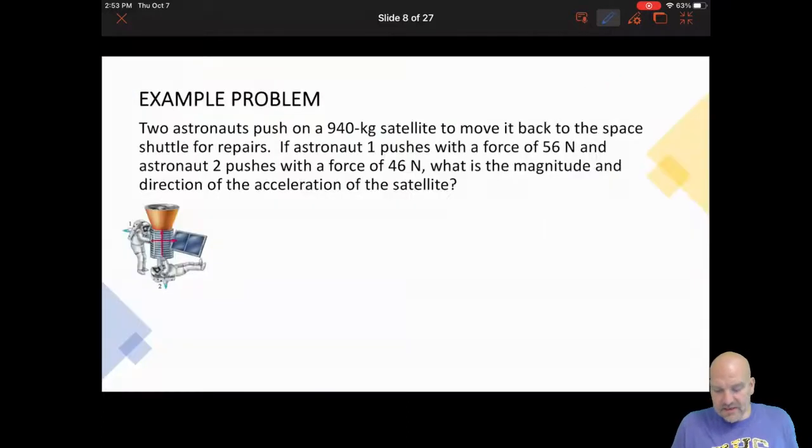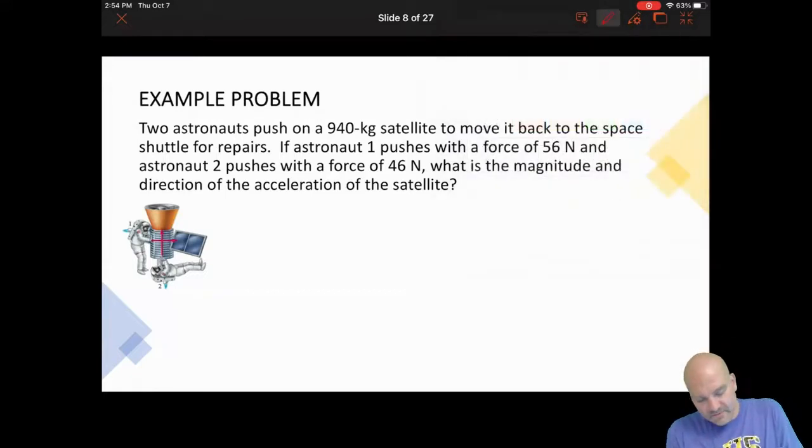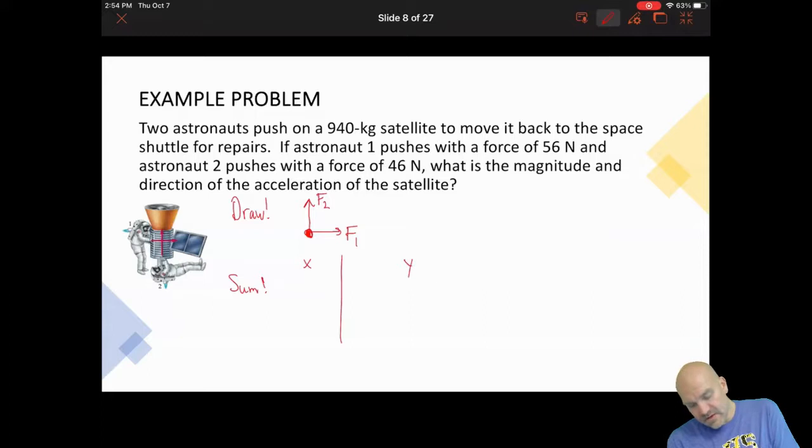Okay, so let's look at an example, now applying numbers to these astronauts, but we're going to go through the process. First thing we do is draw a free body diagram. So there's my satellite. Again, 2 is pushing up, 1 is pushing to the right. And this is actually just asking me for the magnitude and direction. So there's no real summing, but I like to do a t-chart.